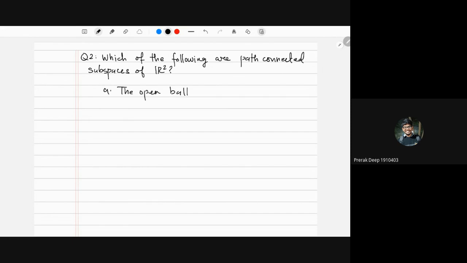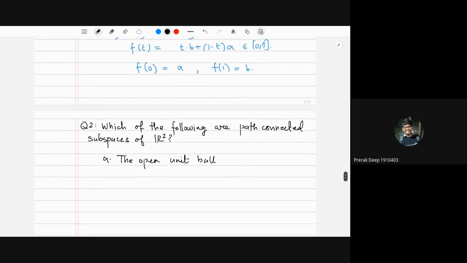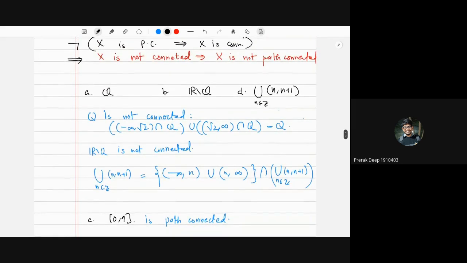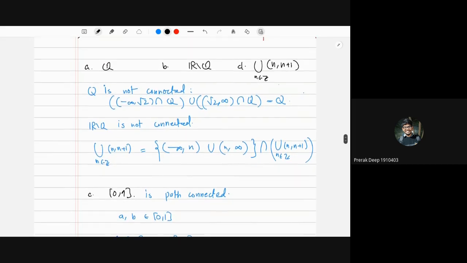Option A is open unit ball. Okay, so D. All right. So D is not connected. That's why it is not path connected.